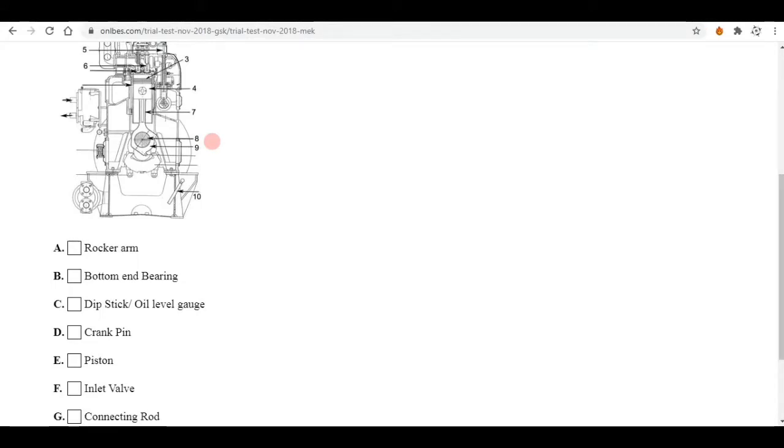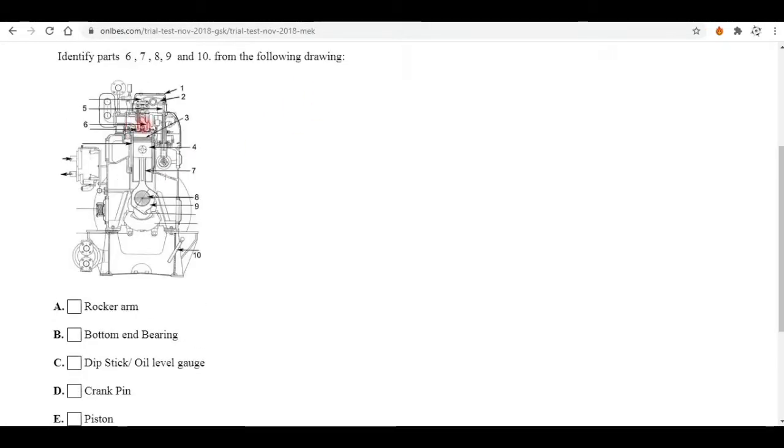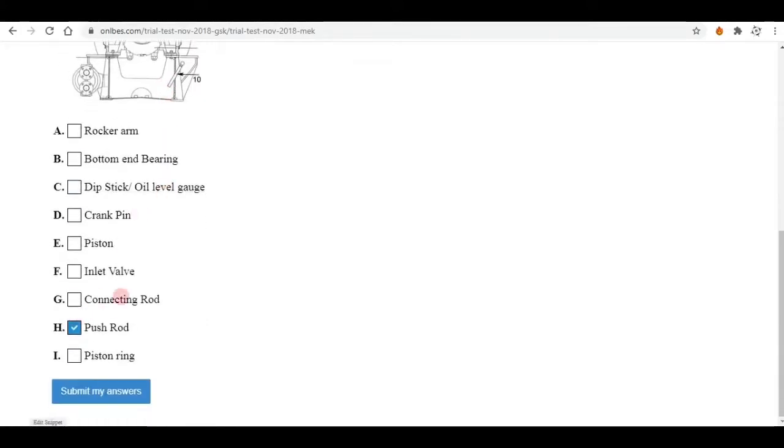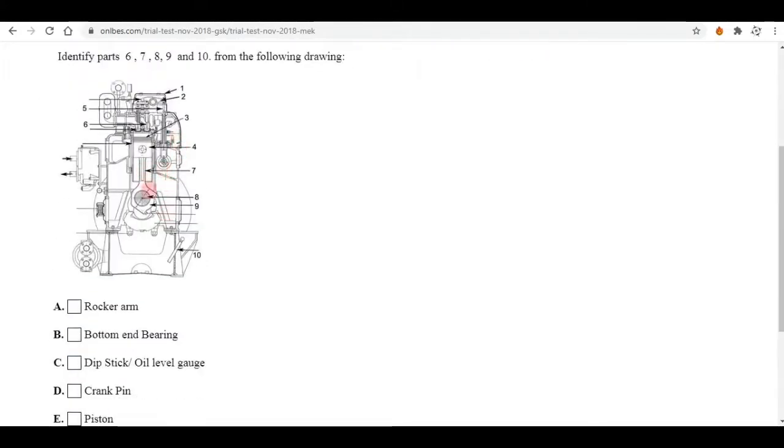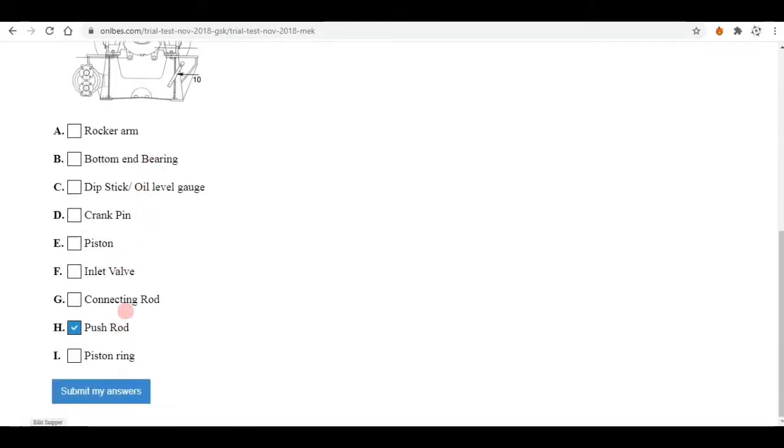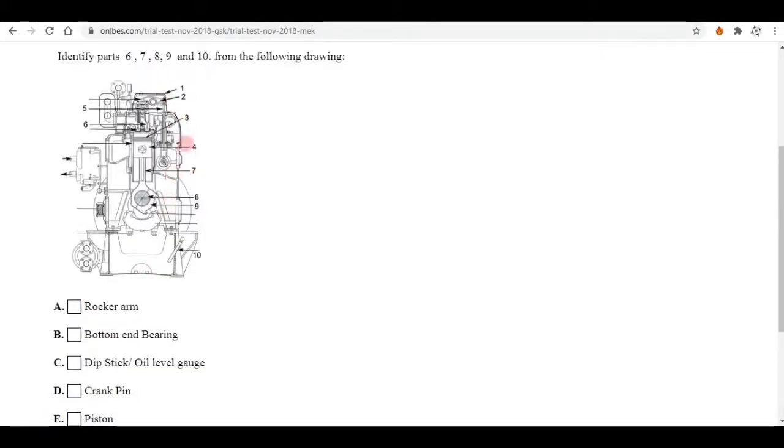So I will see. The sixth one is... I don't know, man, let's stick with the push rod. Then the seventh one is the connecting rod. Then the eighth one is the bottom crank pin.